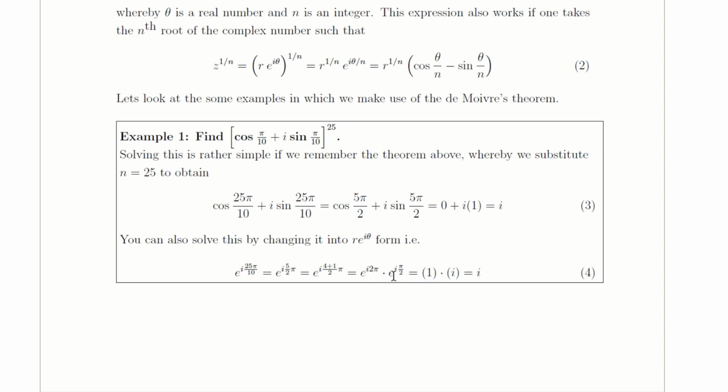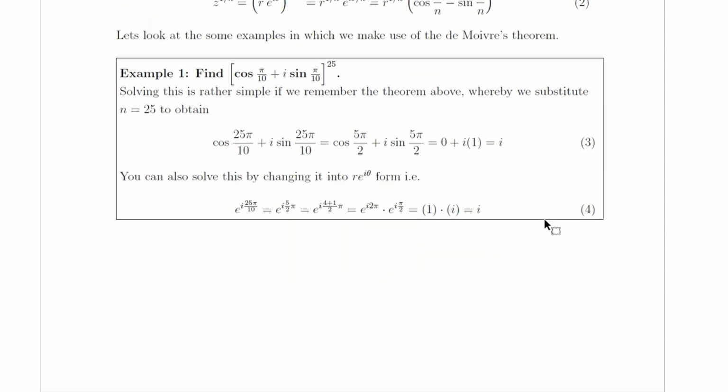On the other hand, e^(iπ/2) gives you i, because cos π/2 is 0 and sin π/2 is equal to 1. So when you multiply, you get i. So here you see there are two ways to do it: either you use cos and sine, or you use the polar form, e^(iθ), and they lead you to the same answer.